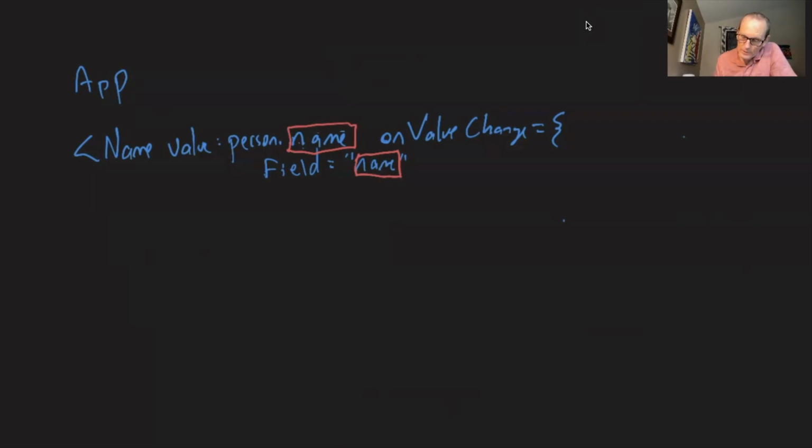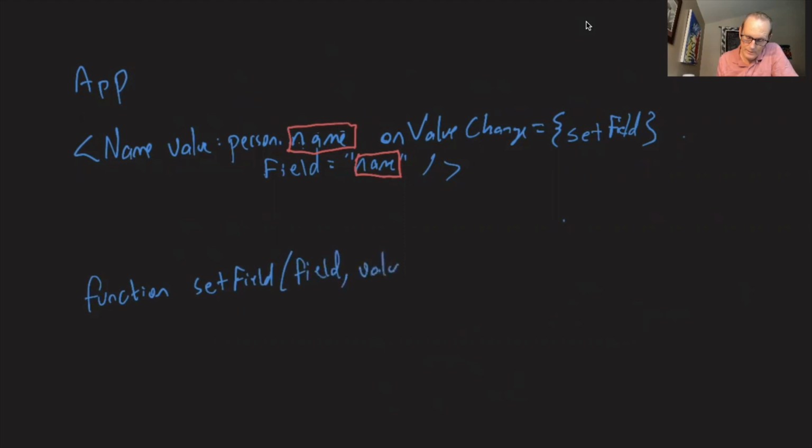And what we can do here is just pass in, let's say, set field, which we're going to write in just a moment. So set field is going to be a function within, of course, the app component. And we're going to say it gets 2 values, a field and a value. Okay.